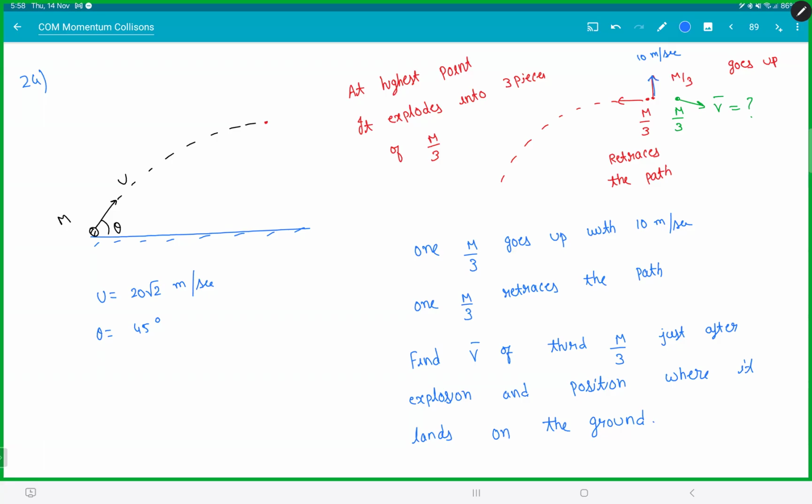Okay, speed is fine. Get the position. Where will this land on the ground? There is an easier version of this question, we'll see that later.